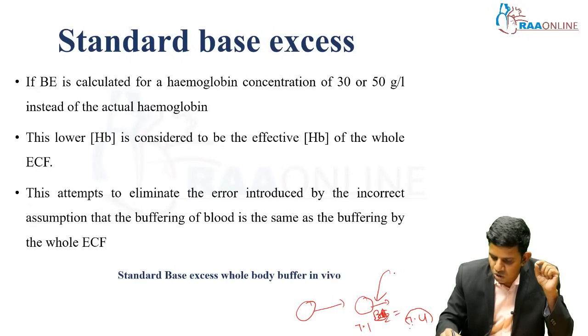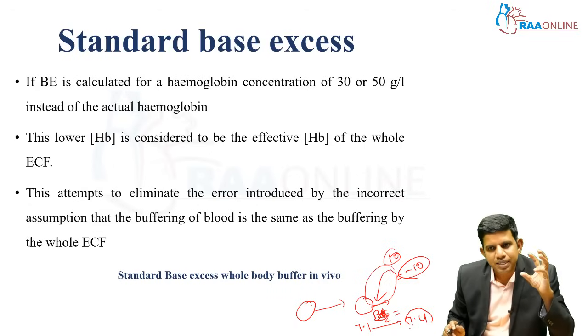Then they measured how much bicarbonate is needed to bring the pH from 7.1 to 7.4. That is the patient's base excess. For example, if they needed 10 of bicarbonate to bring the pH from 7.1 to 7.4, they call it a base excess of -10.